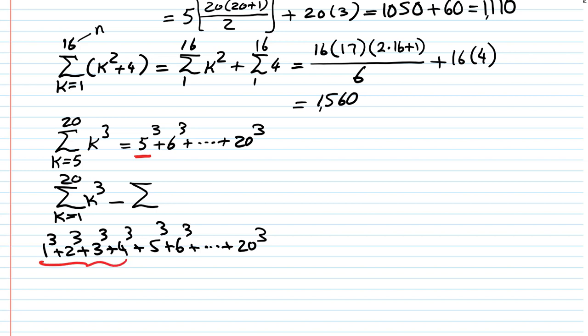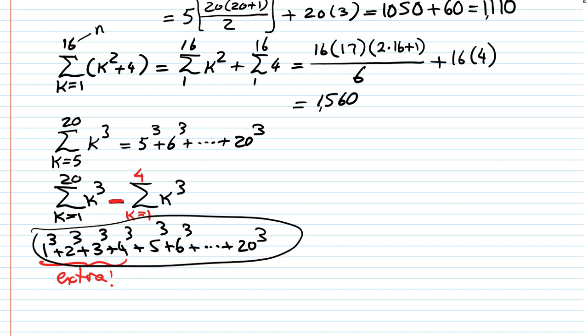So these are all extra, aren't they? Therefore, I need to subtract them. That's why we are subtracting from 1 to 4, not to 5, but you go 1 before. 1 to 4 of k cubed from it. So we're going to count the whole series and knock out the first 4. That's what we're doing with our formulas.